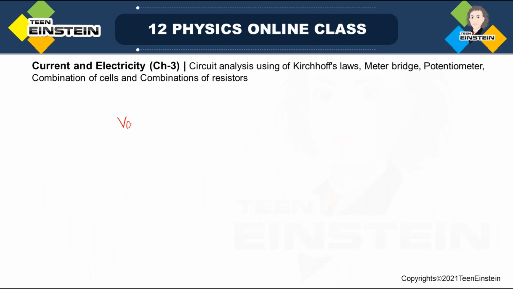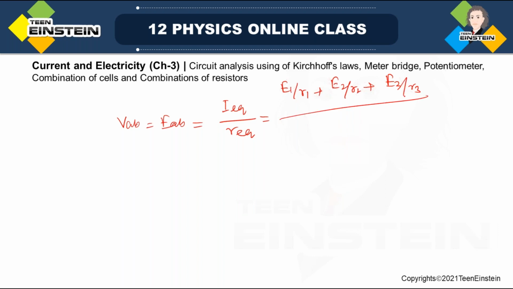Okay, so VAB has to be EAB also, that is the I equivalent by R equivalent. I equivalent will be E1 by R1, E2 by R2 plus E3 by R3 divided by 1 by R1 plus 1 by R2 plus 1 by R3.